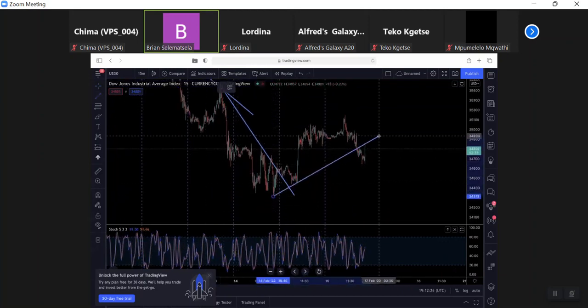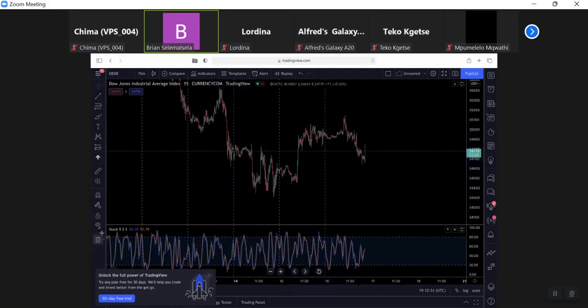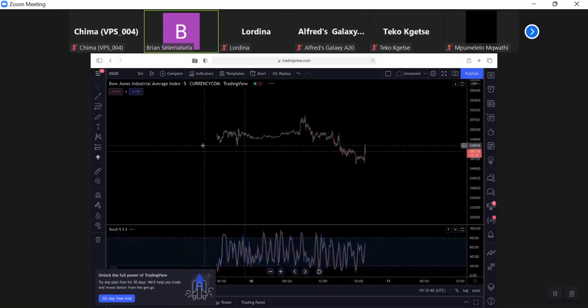If you would have used this one, you'll see that the market is broken down there, then it will just be a matter of looking at where the market is heading right now.